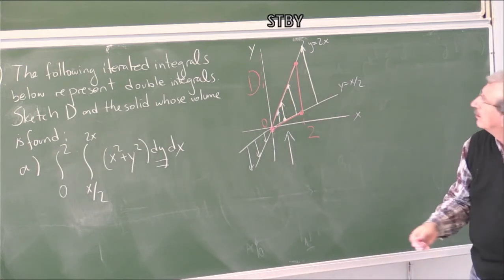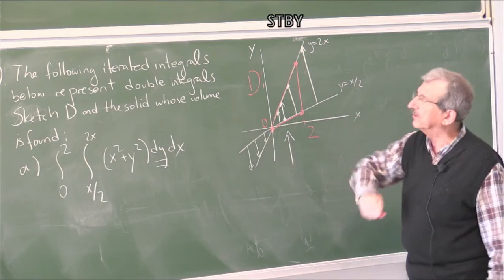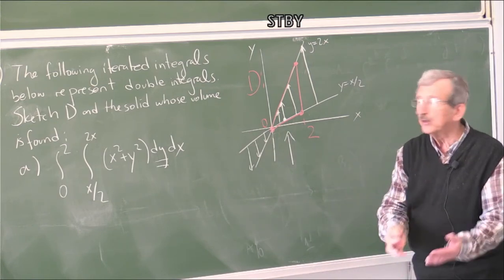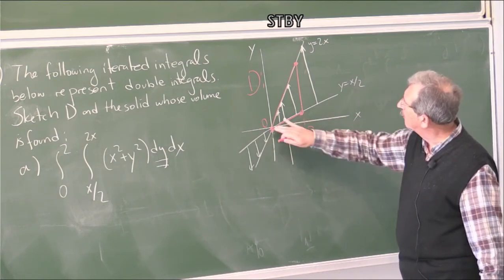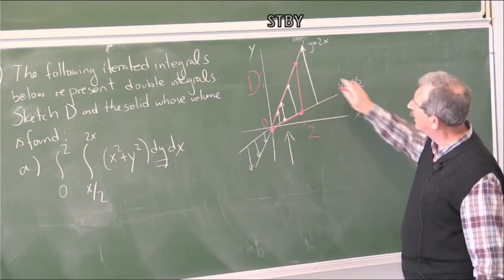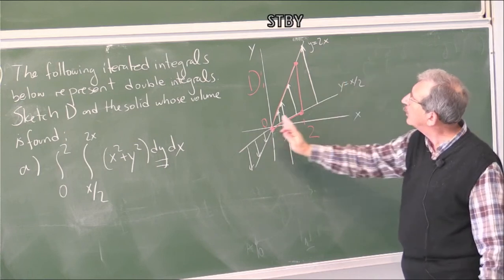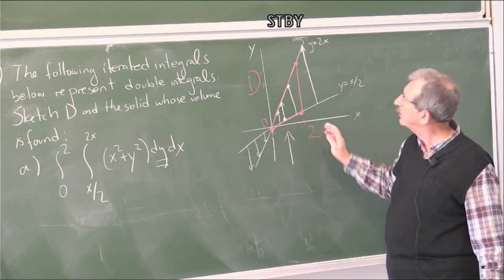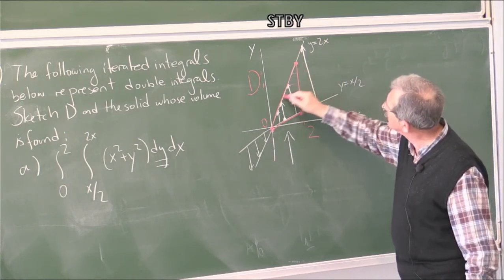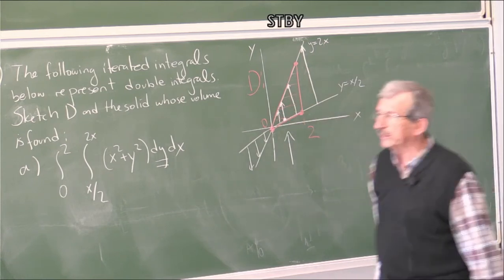Just a check. How would you write an iterated integral with respect to y first? You would look in this direction. First curve is x over 2. Last curve, where you leave, would be 2x, and you do it between 0 and 2. So indeed, this is the D in question.